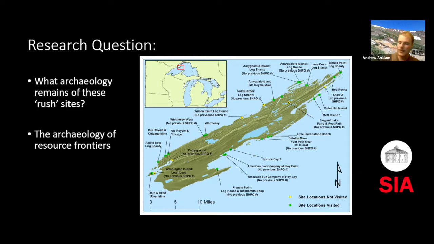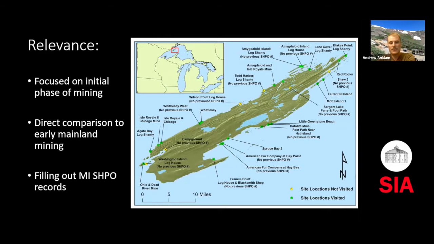The goal of the survey was to determine what the archaeological footprint of these ephemeral mining sites looked like and how it played into the development of IRL as a resource frontier. The initial impetus for the survey was the addition of several sites noted during the 1847-1848 Public Land Survey, or the Government Land Office Survey. We're just going to refer to it as the GLO Survey from now on.